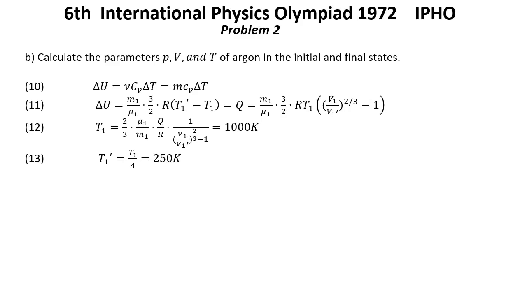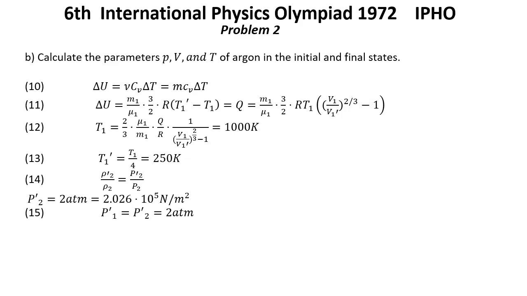For the isothermal process suffered by oxygen, we have rho prime 2 over rho 2 equal P prime 2 over P2, where we have P prime 2 equal 2 atmospheres. And from the equilibrium condition we have P prime 1 equal P prime 2, which is 2 atmospheres.